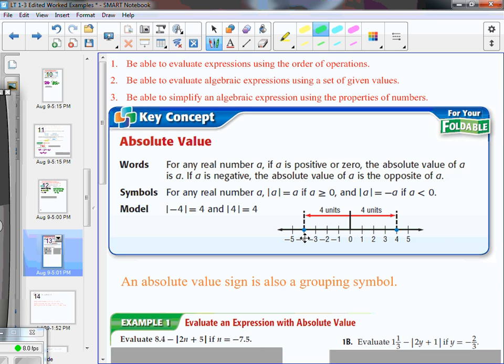So -4 is 4 spaces away from 0, so the absolute value of -4 is 4. Well, 4 is also 4 spaces away from 0, so the absolute value of 4 is also 4. What two numbers have an absolute value of 6? 6 and -6. Okay? You with me?